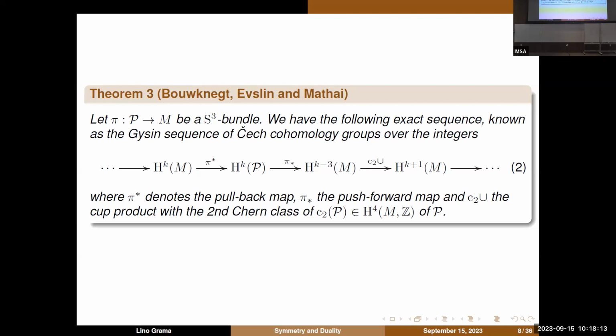This is proved by Bouwknegt, Evslin, and Mathai. Actually, in our work it's quite important, because in most cases we consider the base simply connected. In this case we cannot change, but we can encode the 7-form as a class in the 4-degree cohomology. But this will be important in a second.